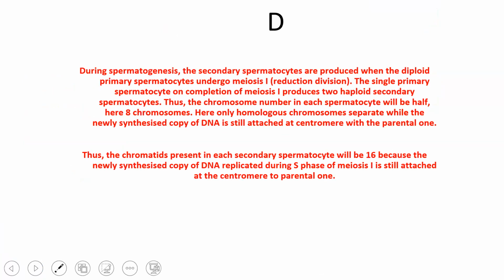Thus, the chromosome number in each spermatocyte will be half, that is, 8 chromosomes in secondary spermatocytes. Here only homologous chromosomes separate, while the newly synthesized copy of DNA is still attached at the centromere with the parental one. That is why chromatids present in each secondary spermatocyte will be 16, because the DNA will be replicated during S phase.